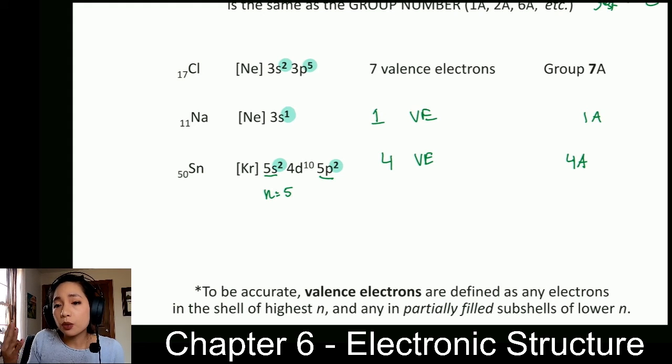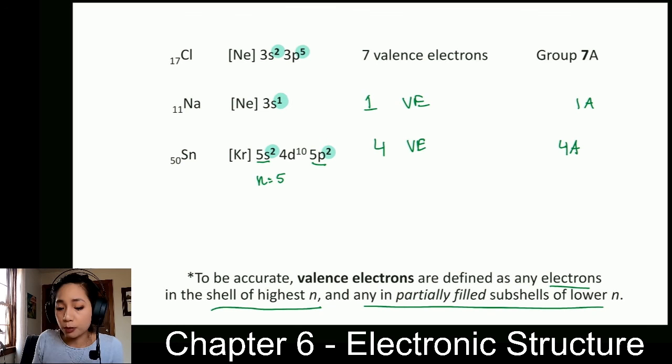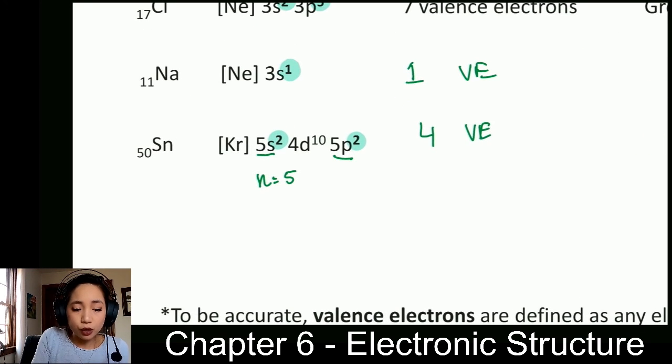Another way we can look at valence electrons for tin in particular, or any of these heavy elements, is that valence electrons are really defined as electrons in the highest n value and in any partially filled subshell of a lower n value. So it would also be accurate to say that tin has 14 valence electrons.